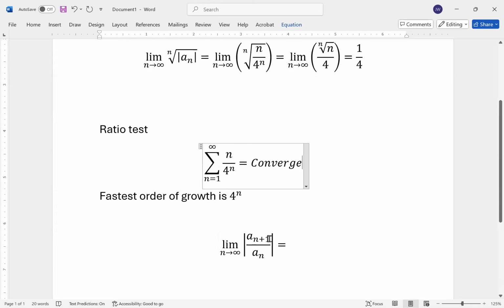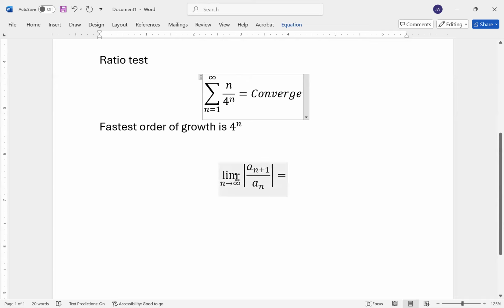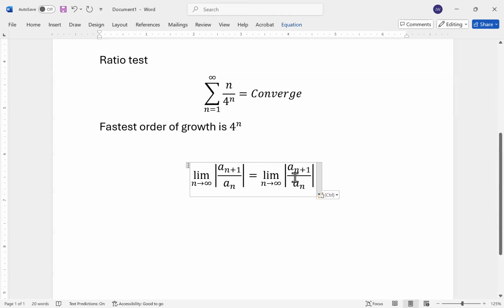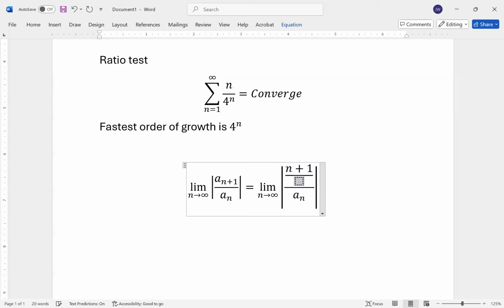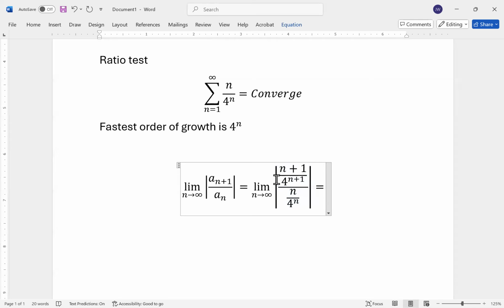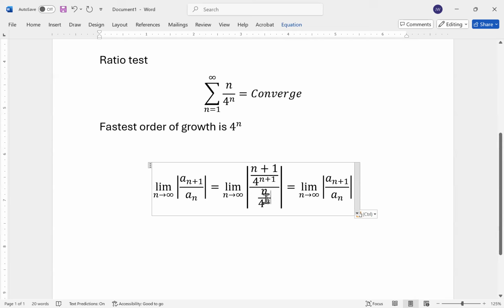If I was going to utilize the ratio test in the formal way, then I'd take this limit. The formal way would be a little bit trickier. The n plus 1 term is n plus 1 over 4 to the n plus 1 power. The nth term is just n over 4 to the nth power. I multiply by the reciprocal of the denominator.